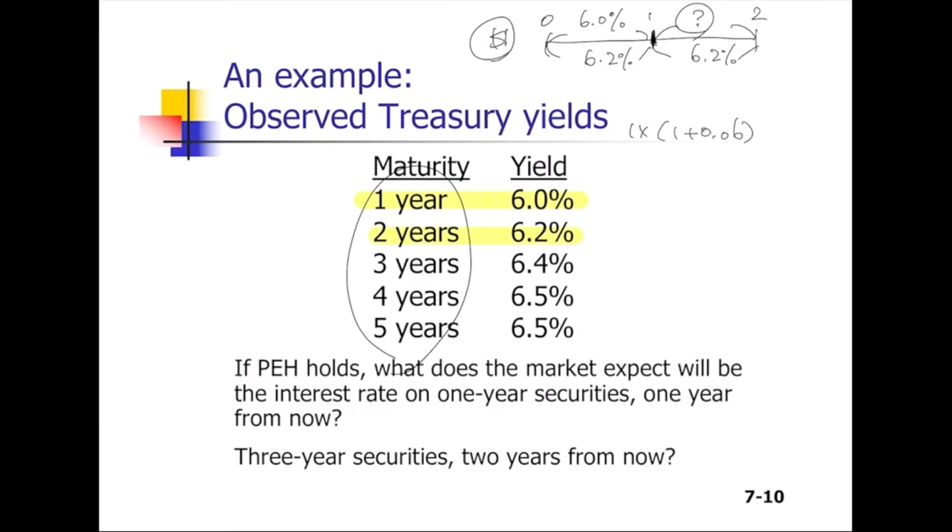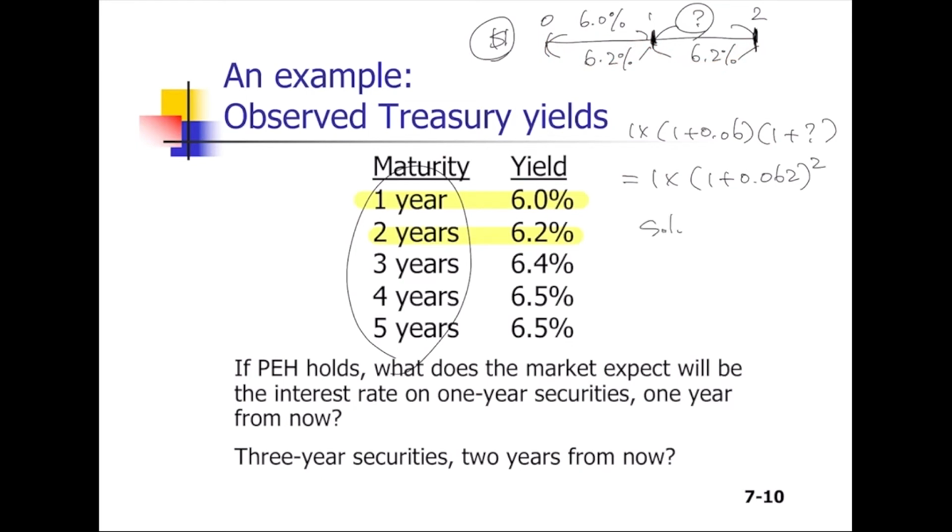And then you invest this number, and then you get some money. It is the same as $1 times 1 plus 0.062, compounded how many times? 1 and 2, so power of 2.